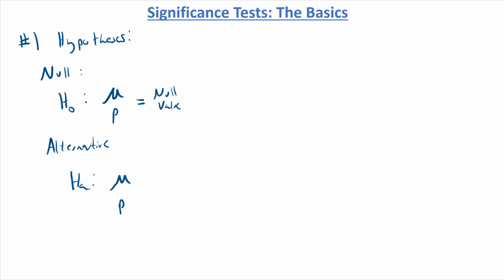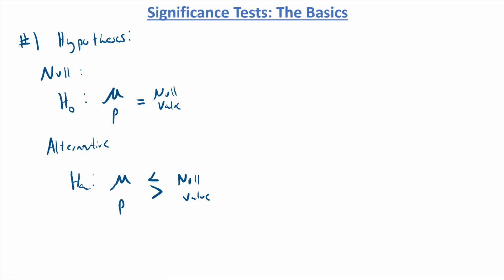But with your alternative, you can either have a one-sided alternative or a two-sided. One-sided means it's going to be less than the null value or greater than the null value. So let's write null value over here. For the one-sided, you have a less than or greater than.